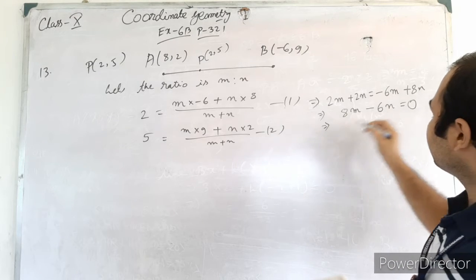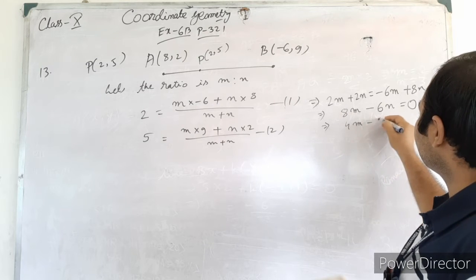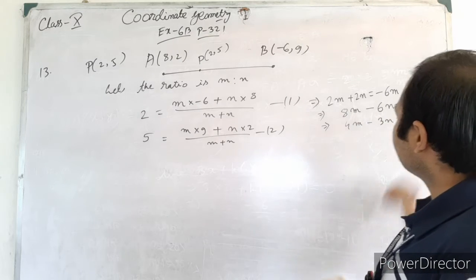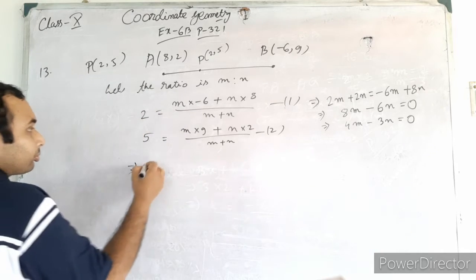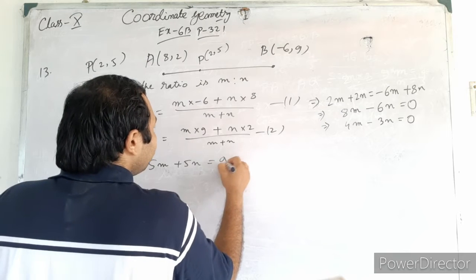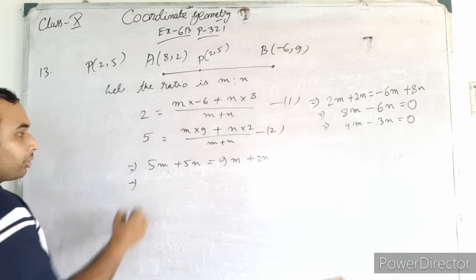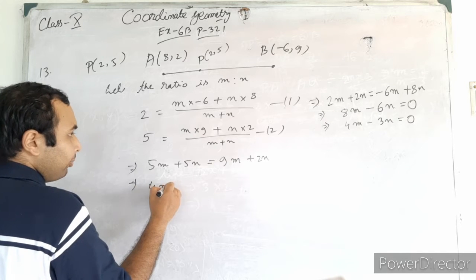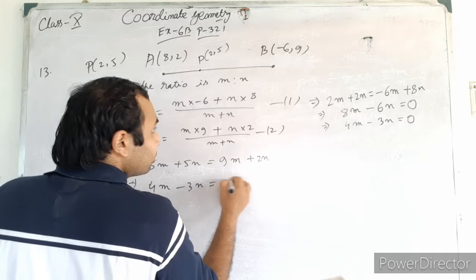If you simplify this, taking 2 common, 4m minus 3n equals 0. From the second, 5m plus 5n equals 9m plus 2n, so again 4m minus 3n equals 0.